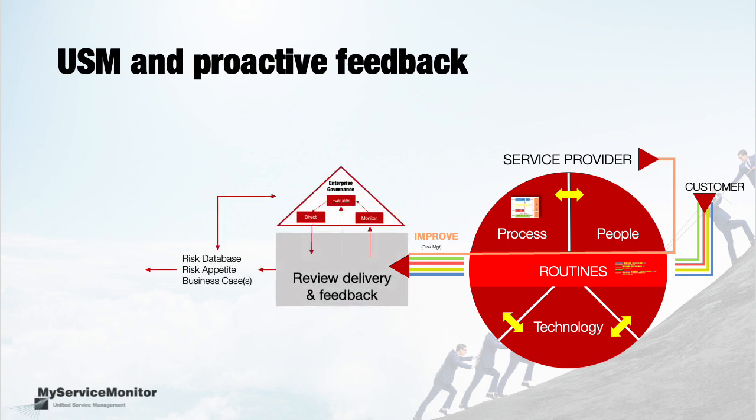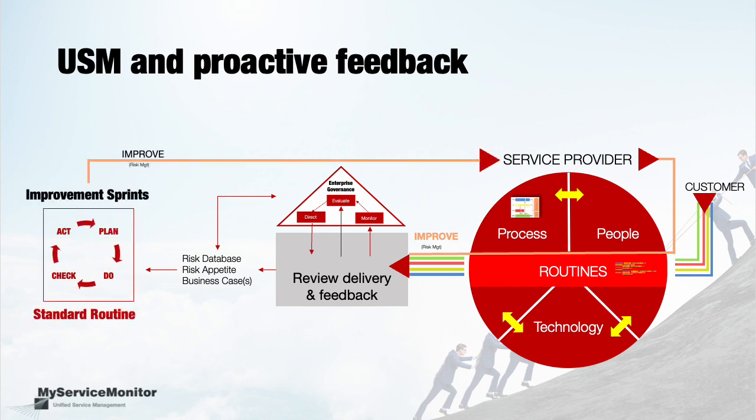This ensures a constant stream of structured feedback to governance, which can use the risk database to prioritize risks based on the enterprise risk appetite and business case. All service teams now use the management system as a standard routine of the enterprise, and prioritized improvement sprints are unified based on enterprise needs.